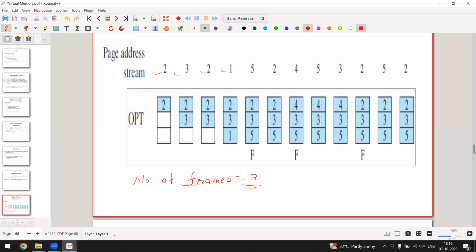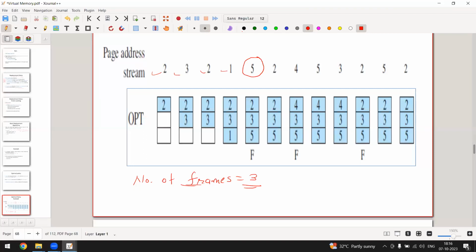Okay. Up to this, everything is okay. Now our next reference is 5. 5 is not present, so I have to bring 5 in and remove one of the pages from here. Which page do I remove?